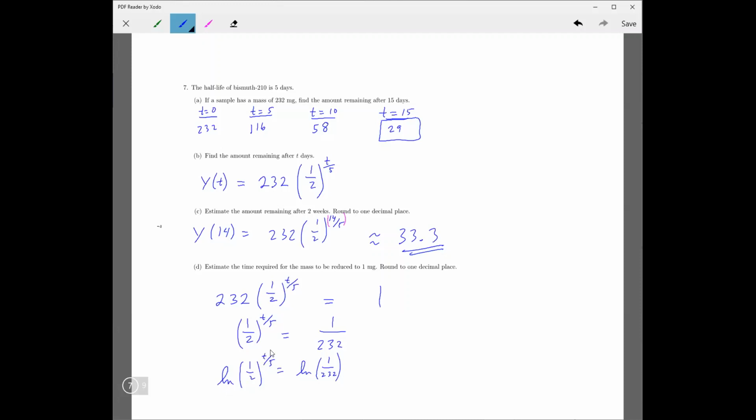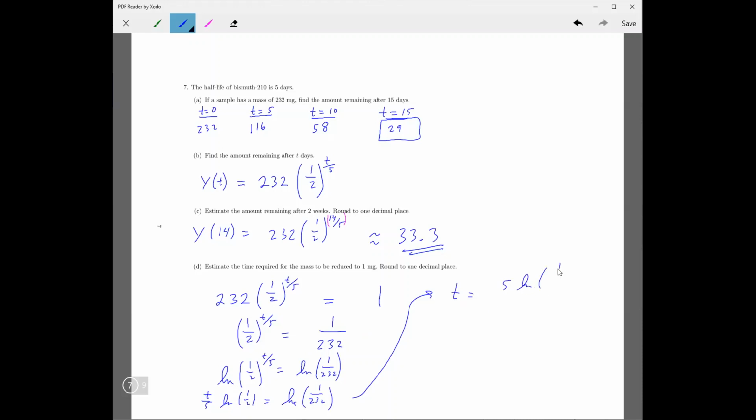And because of the properties of the exponentials, the properties of logarithms say that we can bring this 2 over 5 out in front, like that. And then you can solve for t that way, by dividing by log of 1/2 and multiplying by 5.